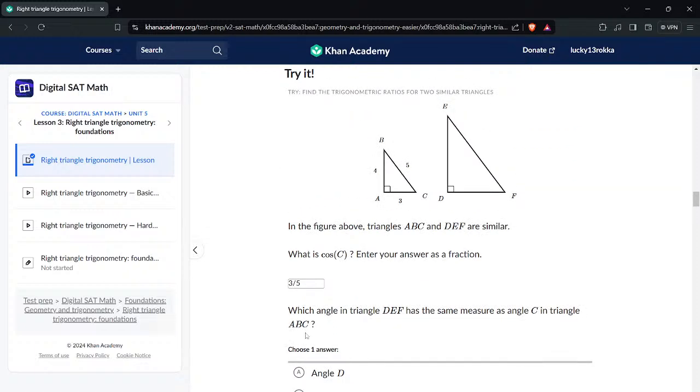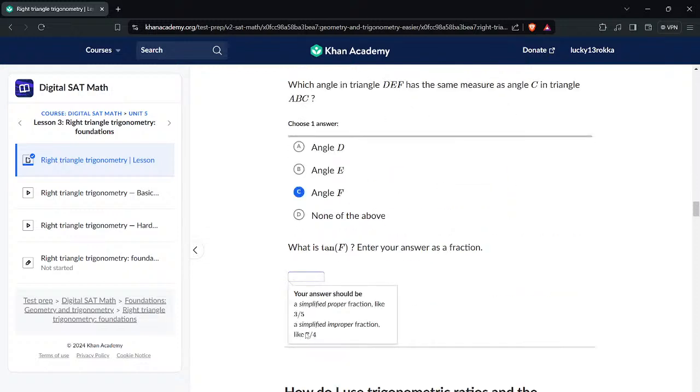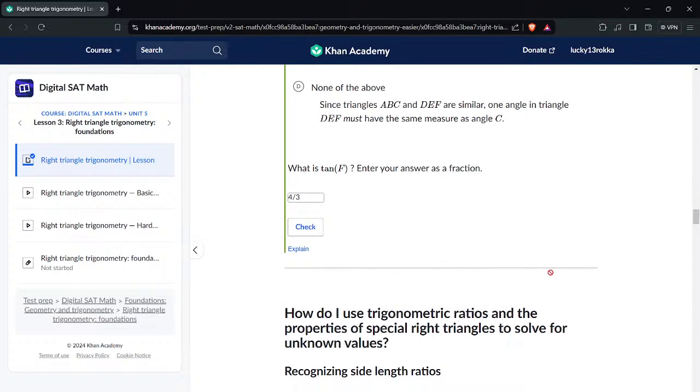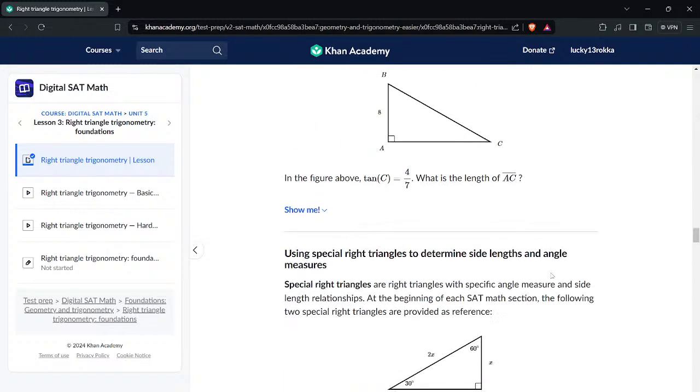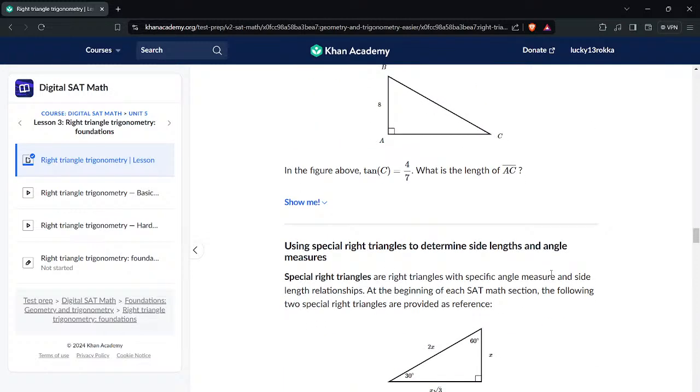Wait, but how am I supposed to know? Wait, I'm supposed to find out the value of ED and DF. It's 4 by 3. That's because it's multiplied by K, right?